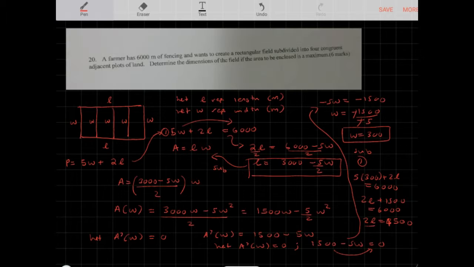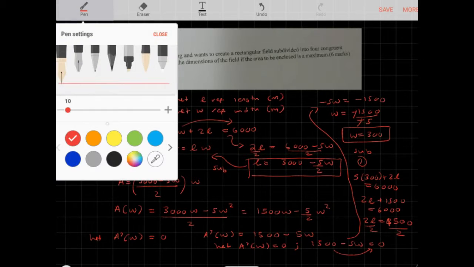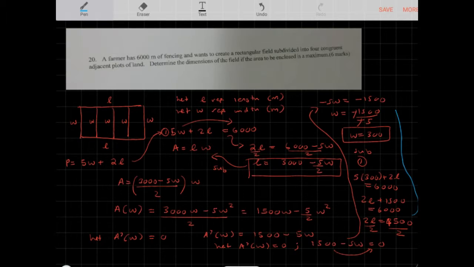And as a result, if you divide by 2, L is equal to 4,500 divided by 2, which is 2,250 meters.